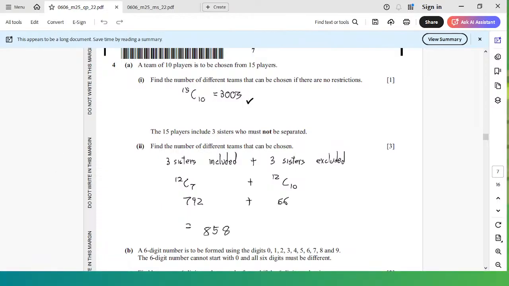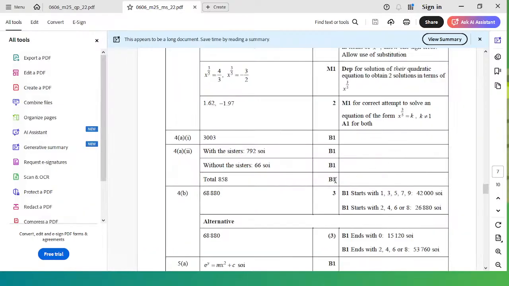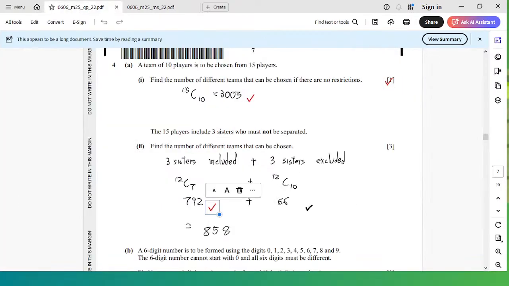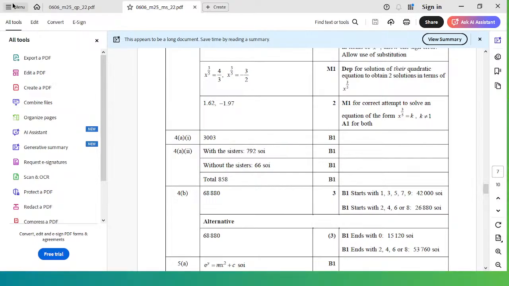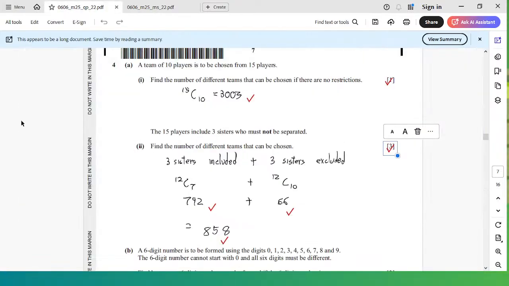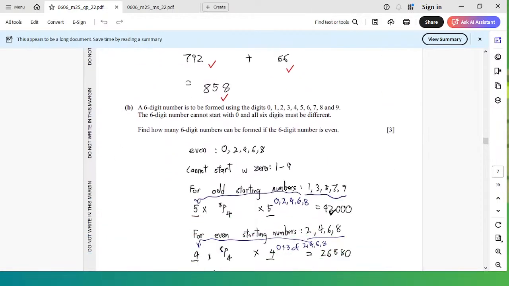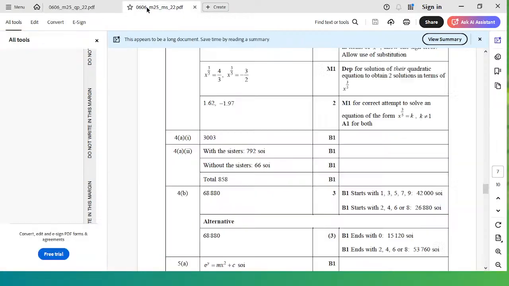3003, very easy question. 792, 66, correct? 858 and 6880. Yep, 792, 66 and 858 gives me the 3 marks. These are B marks, so they do not need working. As long as you add them together, you get 858. You're correct. The last one is 6880.